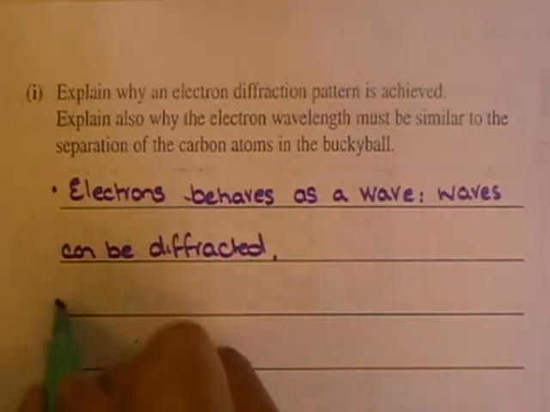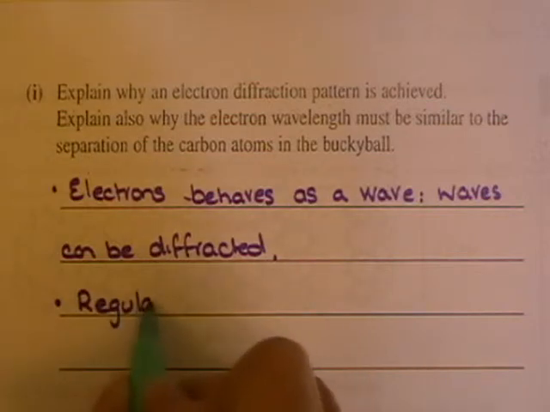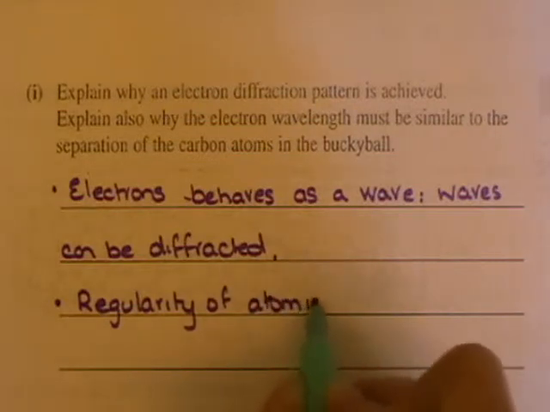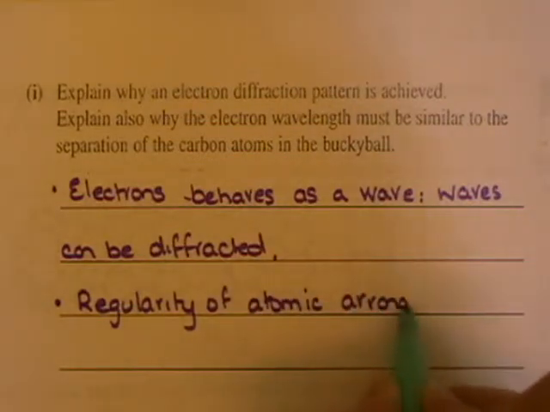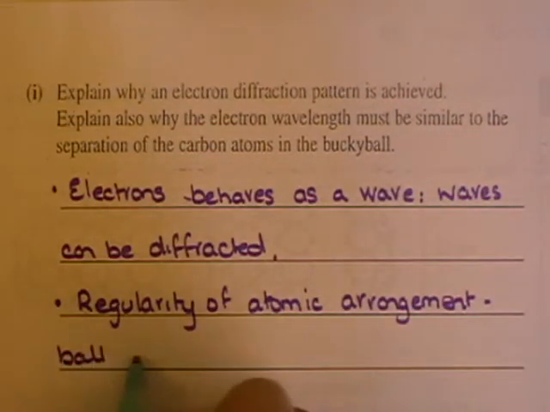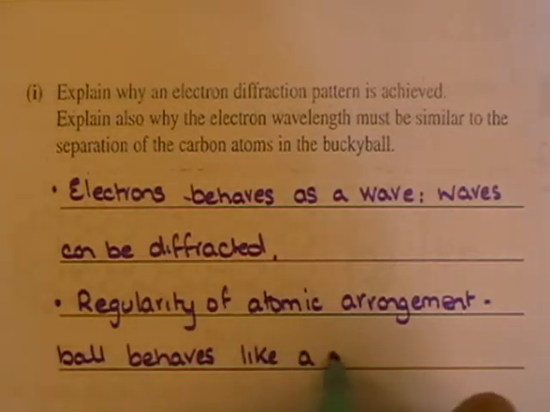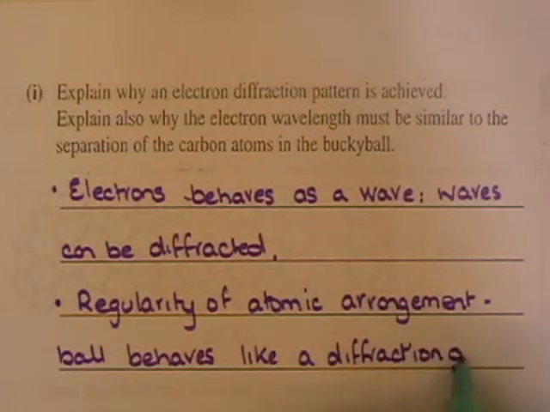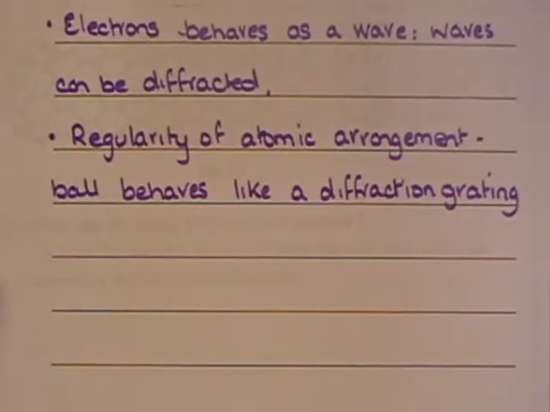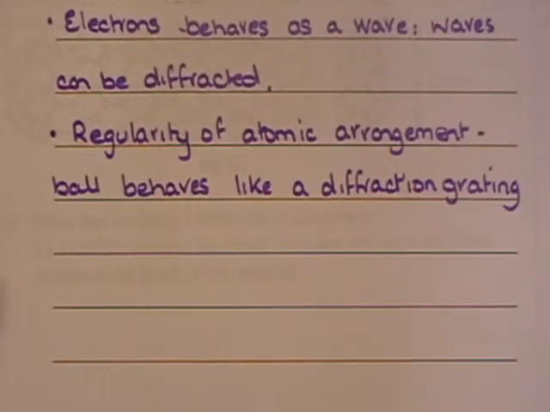Secondly, because of the regularity of the atomic arrangement in the buckyball, the ball behaves like a diffraction grating, where the spaces between the atoms are behaving like gaps where the waves are being diffracted from.